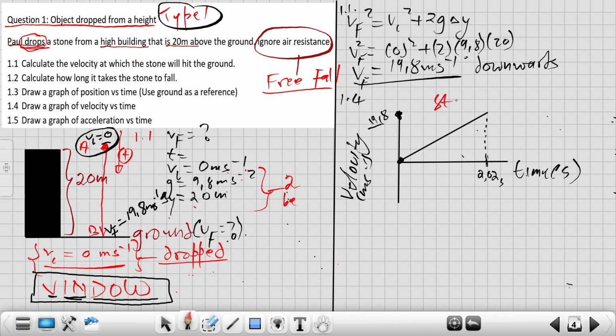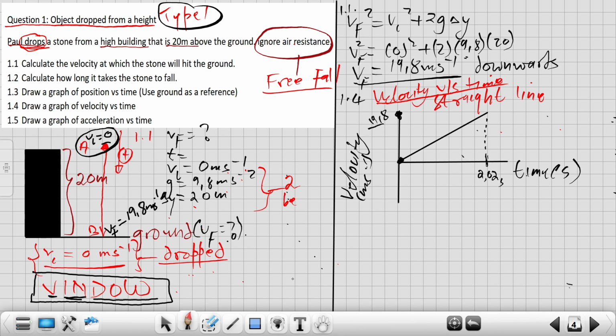So this must be a straight line all the time. And remember, the plus and minus only indicate the choice of direction. In this case, I did say that everything here should be positive. I received 0, and then we calculated, we got 19.8, which is positive. So everything there should be above the x-axis.